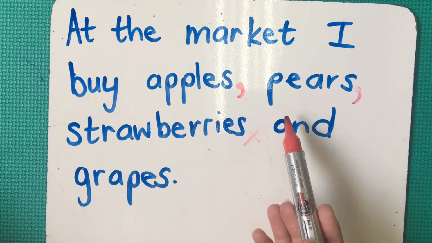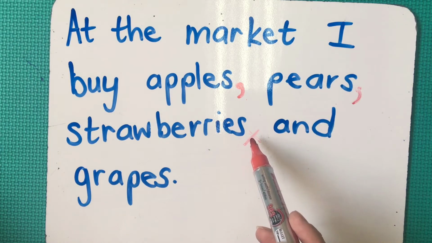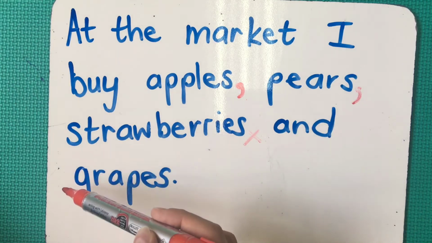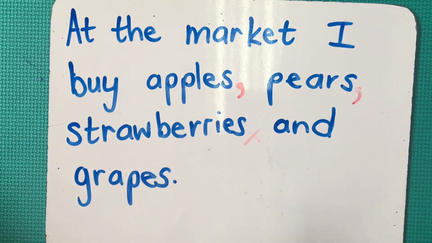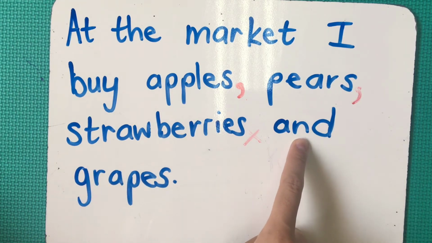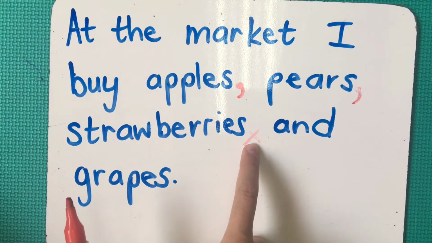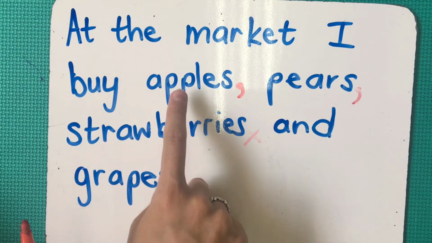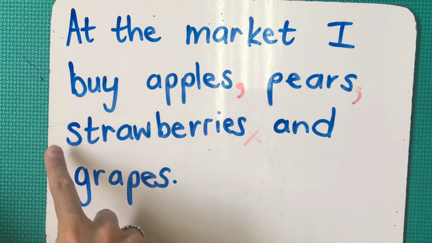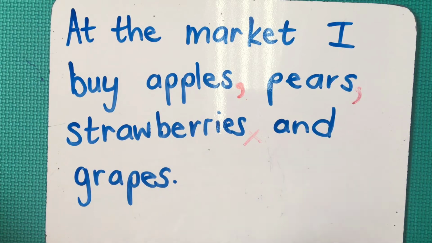You never put a comma in front of and or in front of the last thing in your list. So when you see the word and, you know there is no comma. But in between the other words where there is no and, you can put a comma.